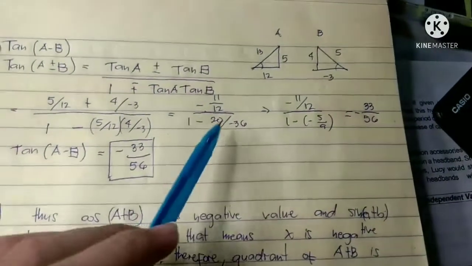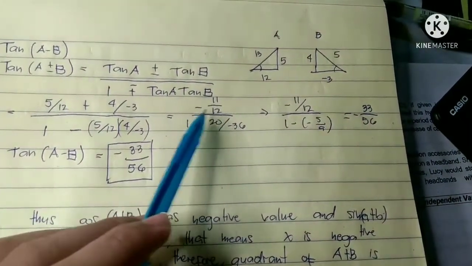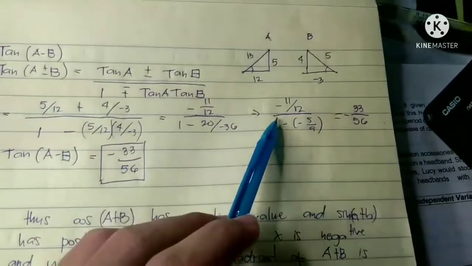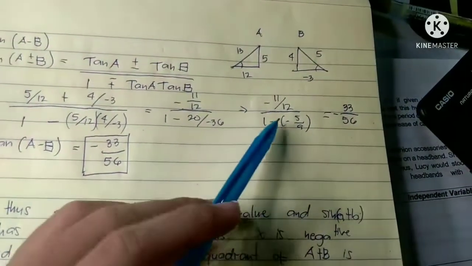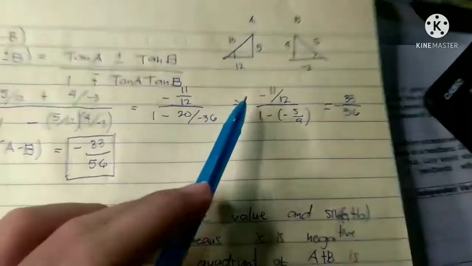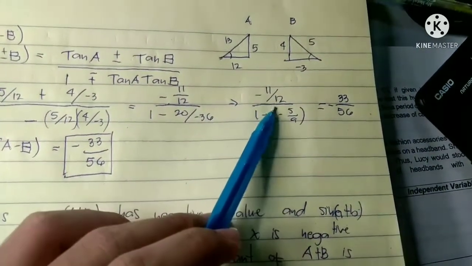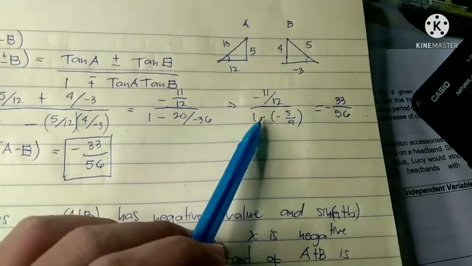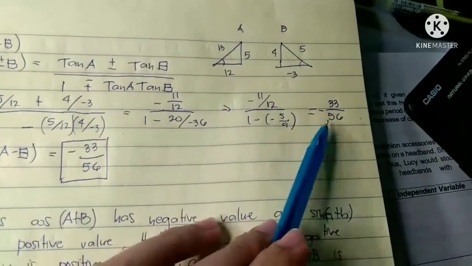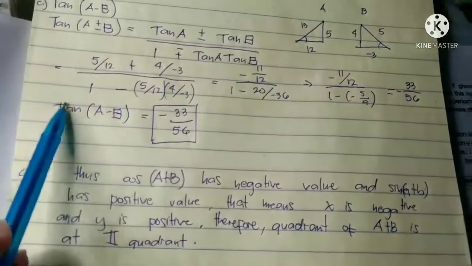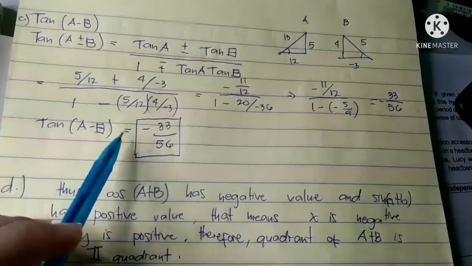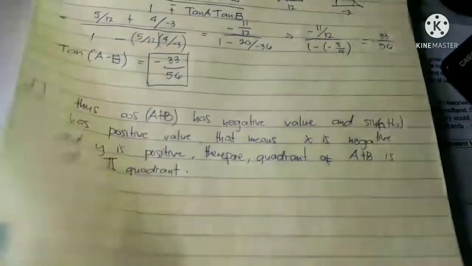So if you simplify, you will get negative 11 over 12 over 1 minus 20 over negative 36. Then if we simplify, we will get negative 11 over 12 over 1 minus negative 5 over 9, and this is equal to negative 33 over 56. So our tangent quantity a minus b is equal to negative 33 over 56.